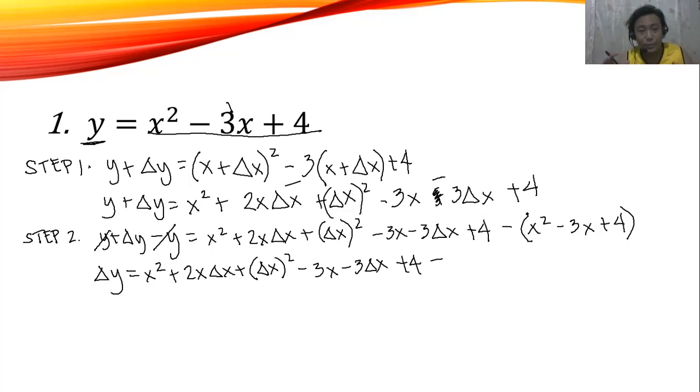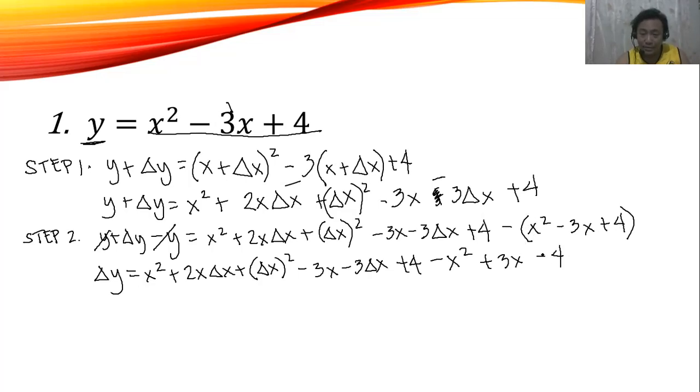We have to put a parenthesis to show that we are subtracting the whole polynomial as one group, because if we don't, we will make a mistake. Why? From here, we have to distribute the negative to all the terms. So negative times x squared is negative x squared. Negative times negative 3x is positive 3x. Negative times positive 4 is negative 4.